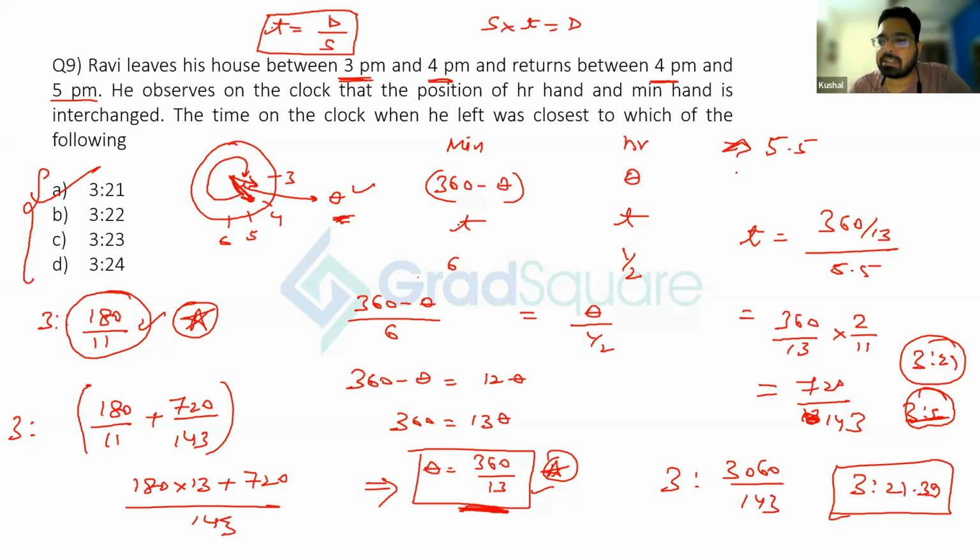This should give you the timing: 360 by 13 into 2 by 11, that is 720 by 143. Add that to 180 by 11 and it should give you the answer. It's okay if the answer is not in perfect shape, but the idea should be clear. Any doubts?